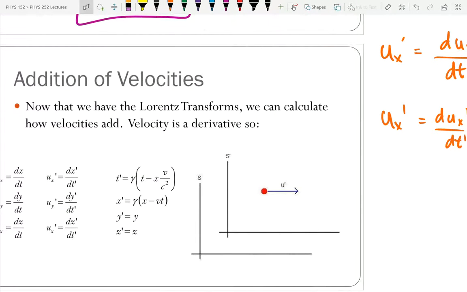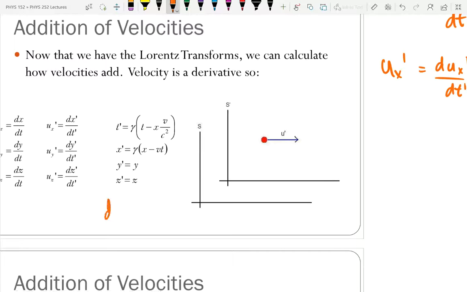So let's come back here, and let's do dx prime/dt. Now notice these are exacts. They're not partials. So gamma is going to be a constant, because that depends on the speed of the reference frames. We assume constant speed between the reference frames because they're inertial reference frames.